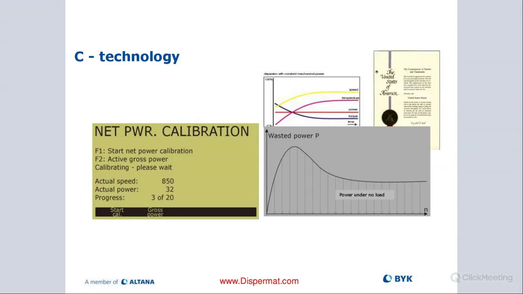So by having a net power calibration, we're able to exclude that from the calculation and really give you a zero value. So you would know the amount of power that you're using is a direct reflection of your product, and no machine input. Some people, especially in R&D, want to have exact numbers, so the net power calibration is very important.